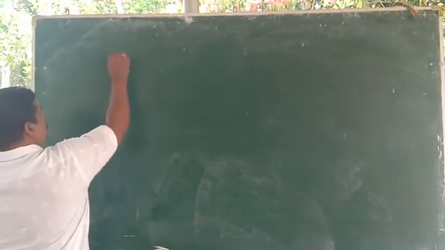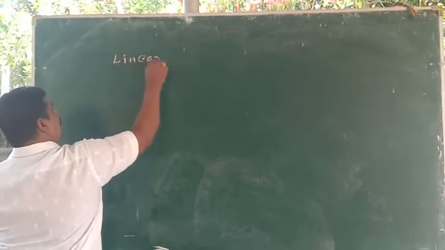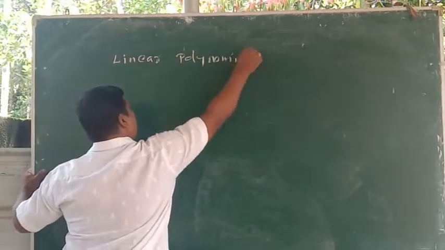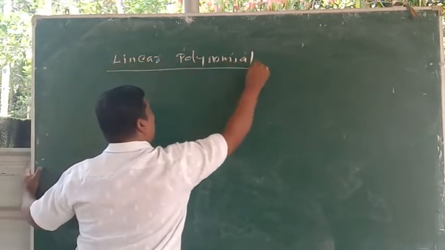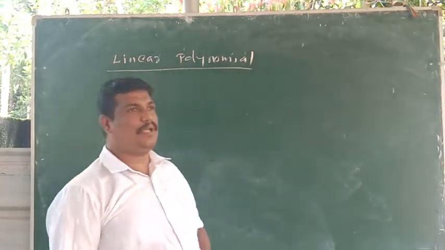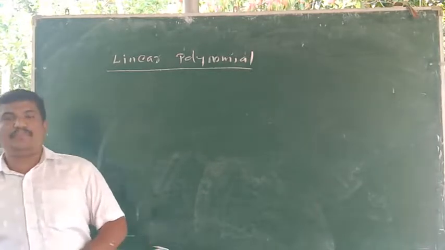Linear polynomial. All of you know degree? Okay, clear. The linear polynomial means a polynomial of degree 1.